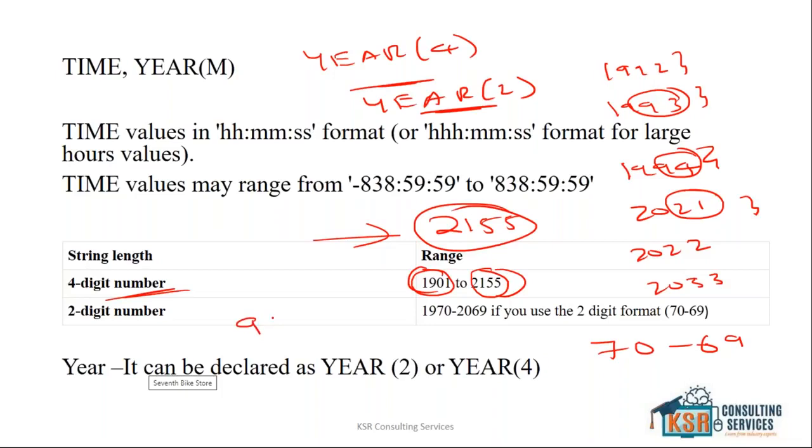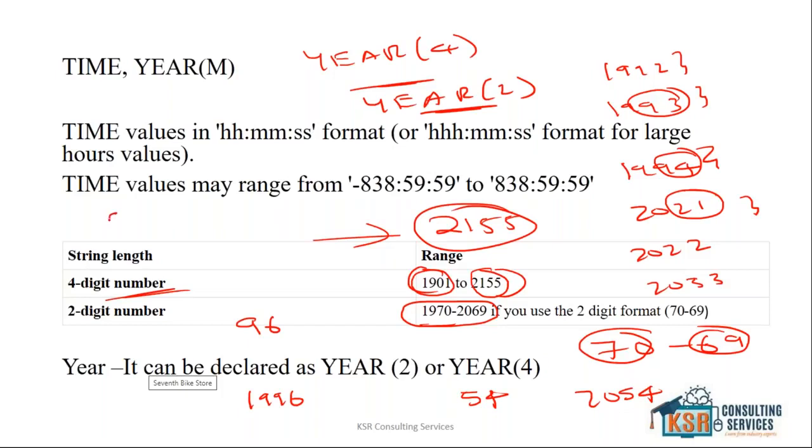Suppose you mention 96, it's going to be 1996. Suppose you mention 54, it's going to be 2054, because the accepted range is only 1970 to 2069. The last 2 digits tell which year it is.